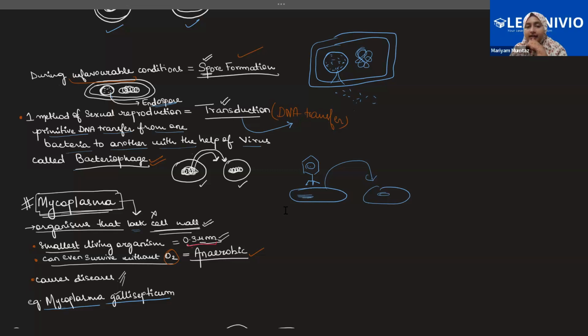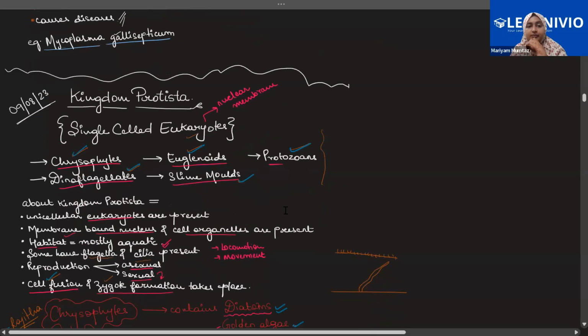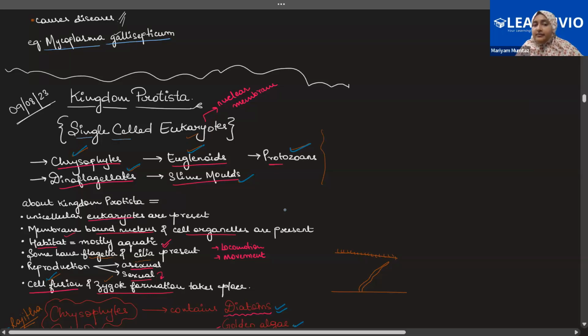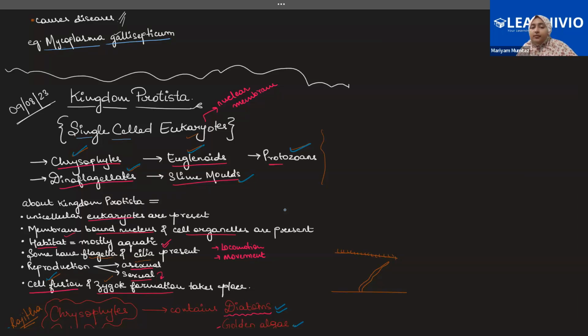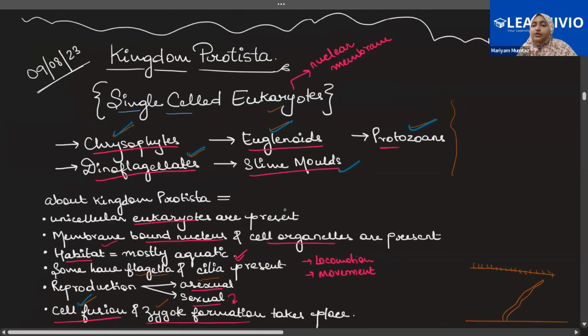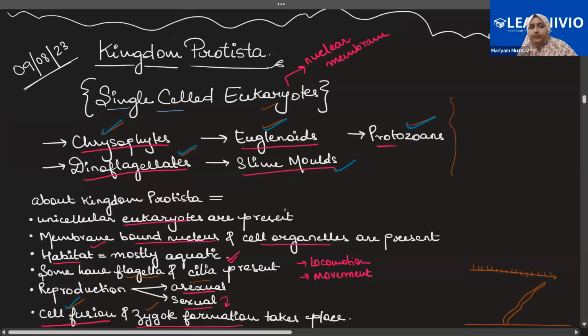Now we'll move on to the next kingdom, that is the kingdom Protista. In this kingdom, all the organisms are eukaryotic, but they are single cell, meaning they are unicellular eukaryotic. So if anyone asks you which kingdom contains the unicellular eukaryotic organism, you would say the kingdom Protista.